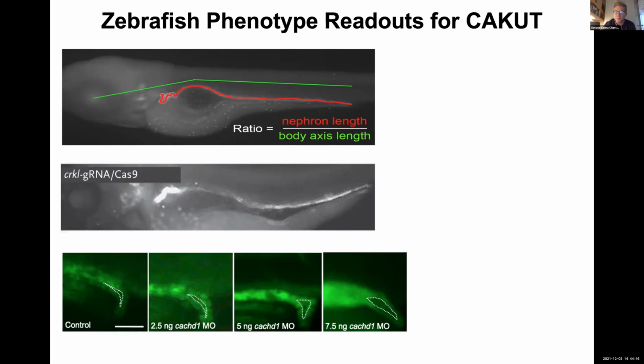So we developed readouts for upper urinary tract tubulogenesis and for lower urinary tract obstruction. Always keeping in mind that this is by far not the most perfect model, but it definitely adds speed and the ability to model multiple genes, and perhaps even interaction between multiple genes, that is not feasible in the mouse model.